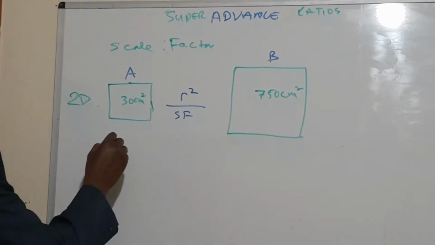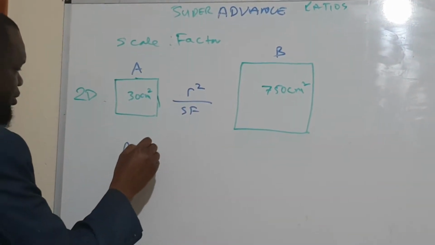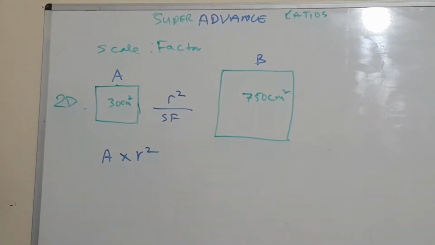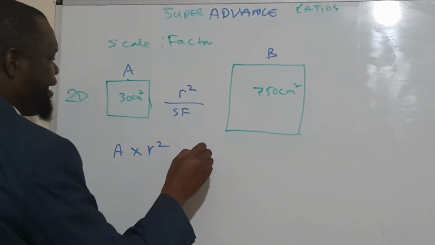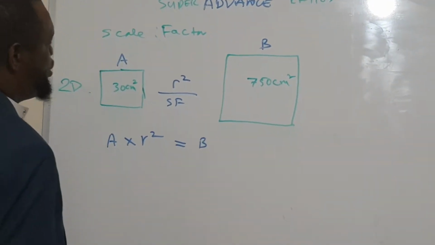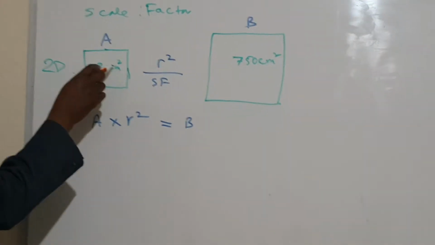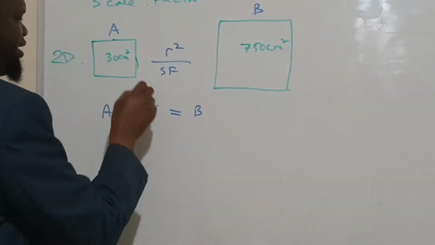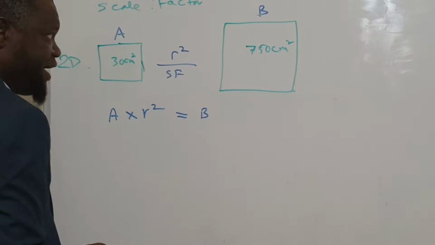That means our area A times scale factor squared will give us area B. Because remember, it is in centimeter square, so the scale factor is also in square.